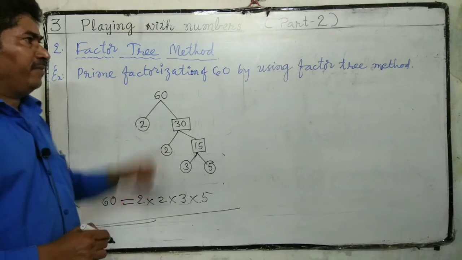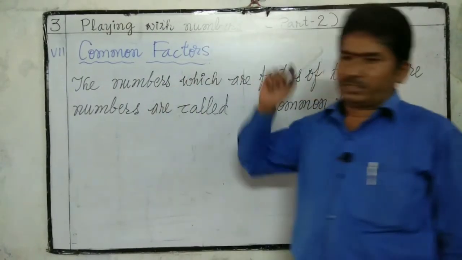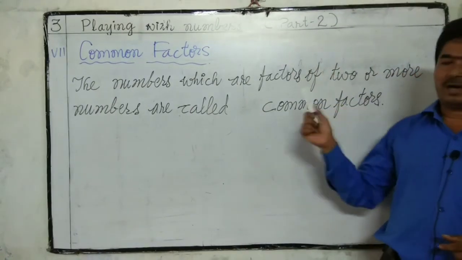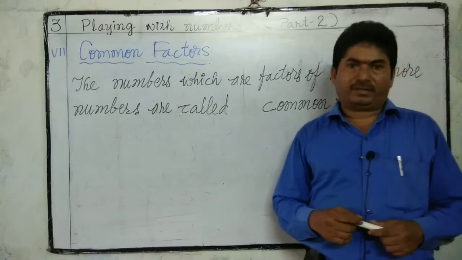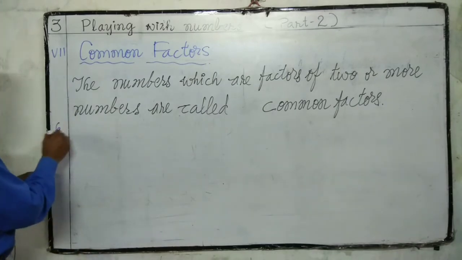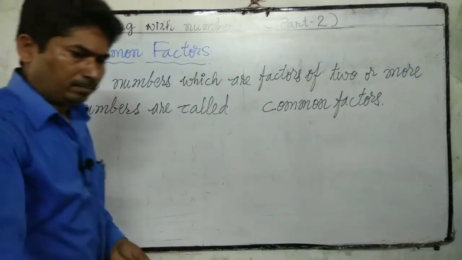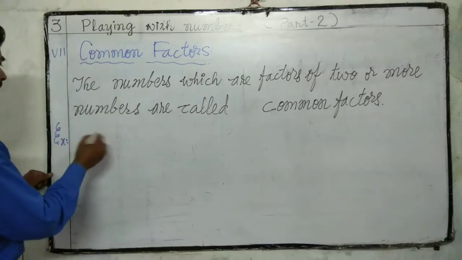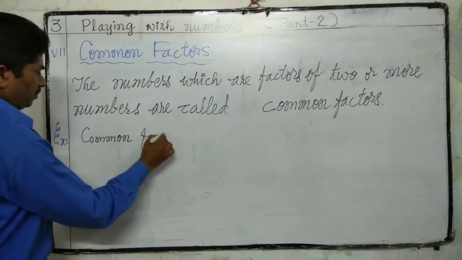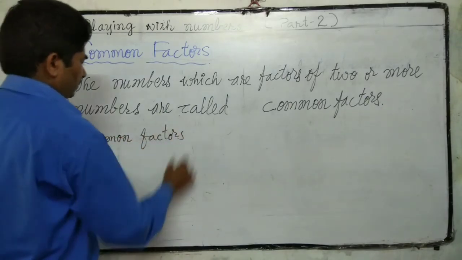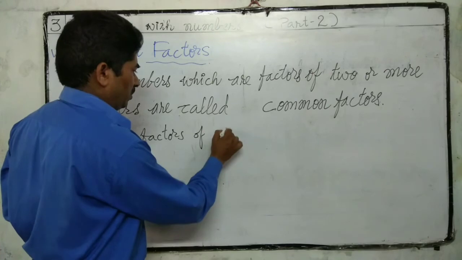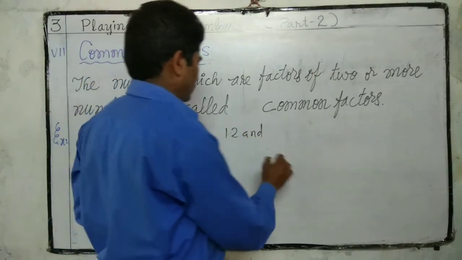Common factors. The numbers which are factors of 2 or more numbers are called common factors. Let us see one example. Common factors of 12 and 18.